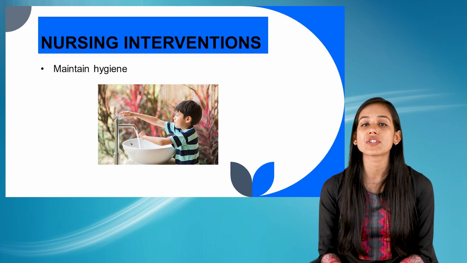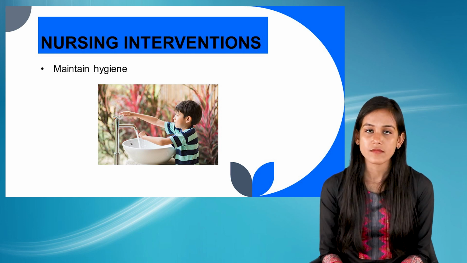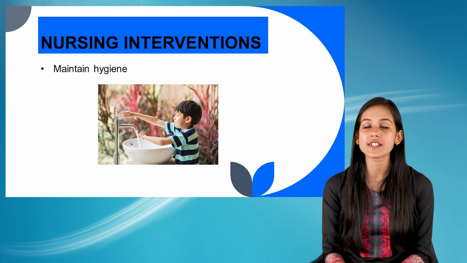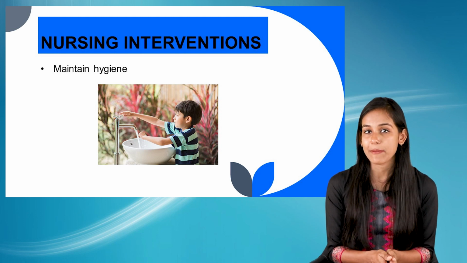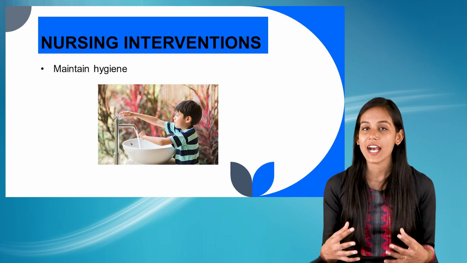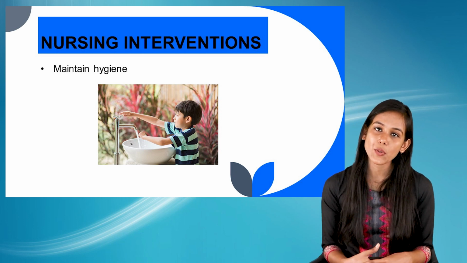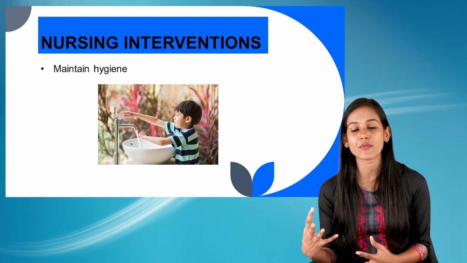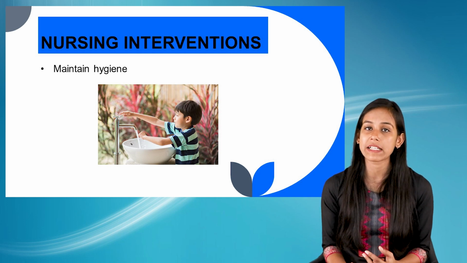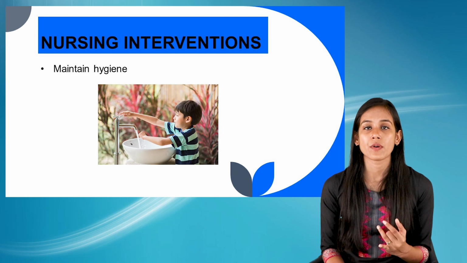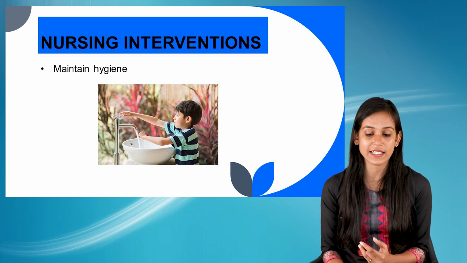Now, let us move on to the nursing interventions. The first and foremost thing about viral hepatitis is maintaining hygiene. We know that it transmits through the fecal-oral route, and because of that it's very important to maintain hygiene. We have to practice hand hygiene.